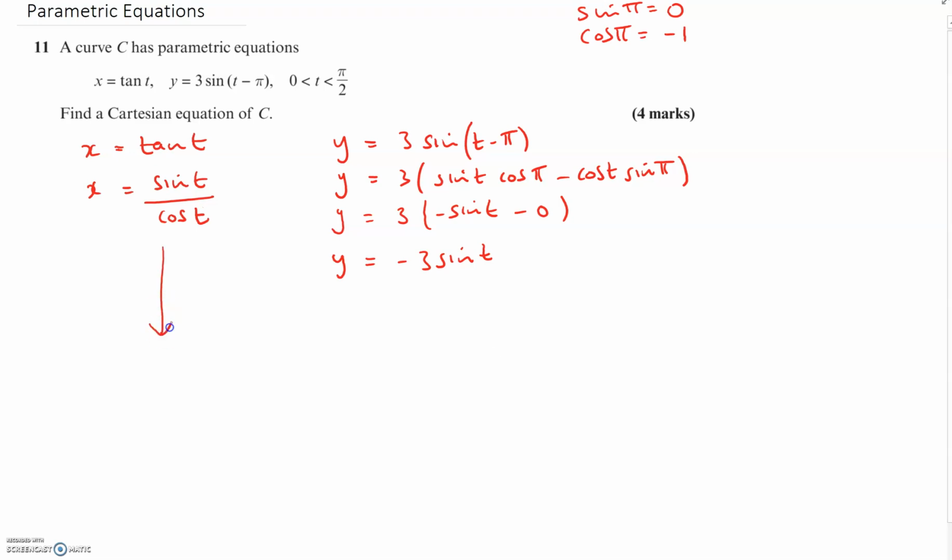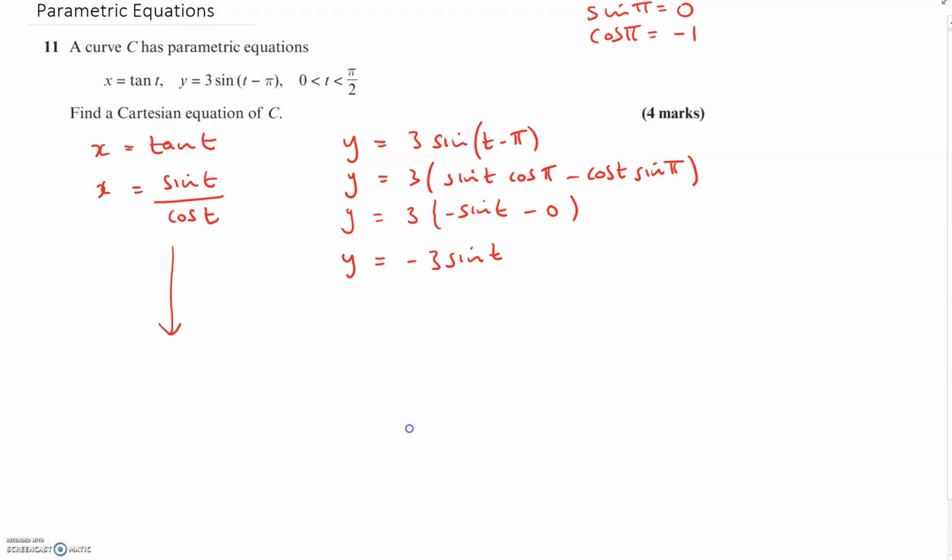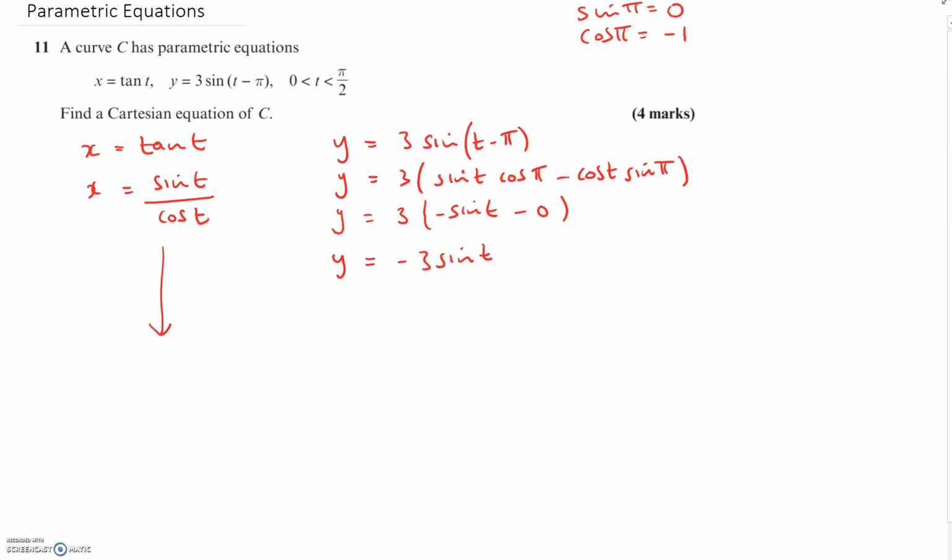So I'll start piecing this together and say, well, x is equal to sine t, so sine t then is minus y over 3, isn't it? So minus y over 3 on top, and then we need to find out what cos t is.